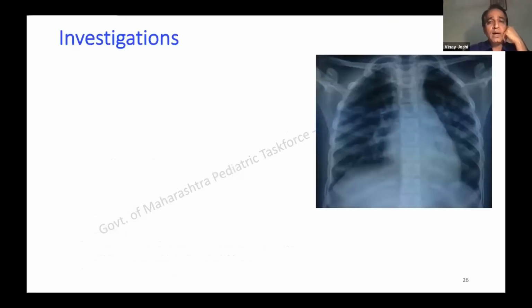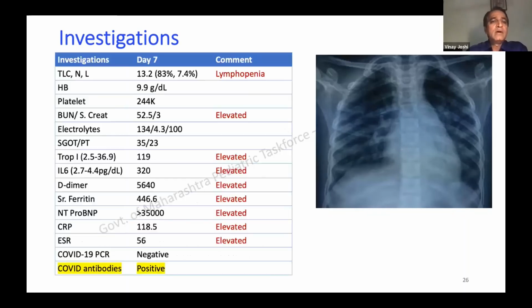So coming to our child, who has hypotensive shock with respiratory distress and probably MISC of KD type. When we investigated the child, as you can see, the child had significant lymphopenia, the BUN and serum creatinine both were elevated.